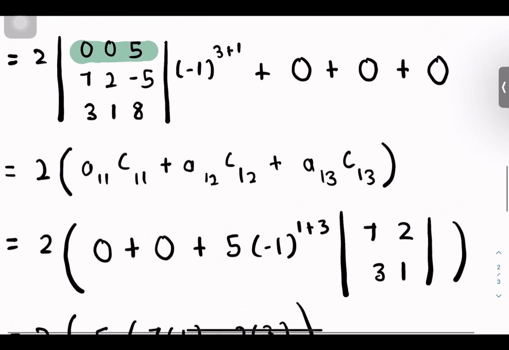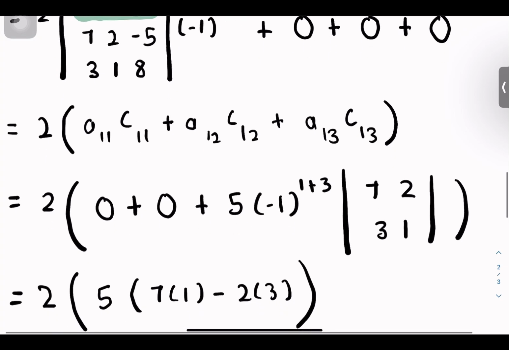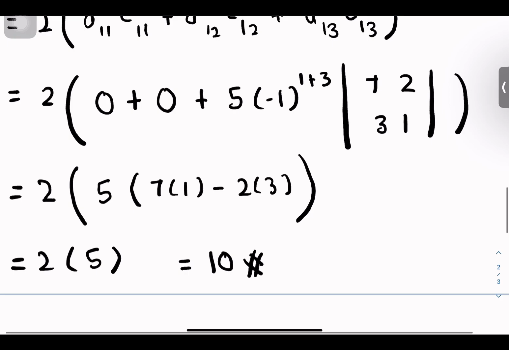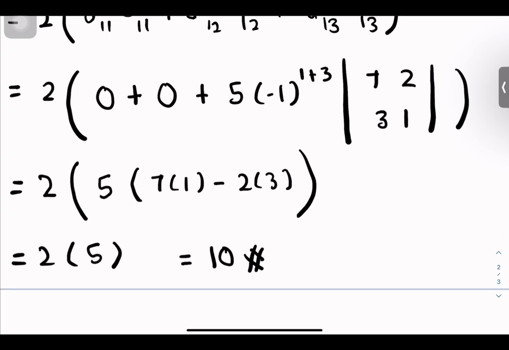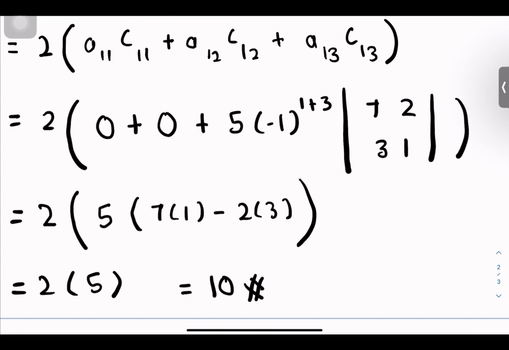A11 C11 is 0, and likewise A12 C12 is 0. For A13 C13, we have 5 times -1 to the power of 1 plus 3 times the determinant 7 2 3 1. So the final answer is 2 times 5 equals 10. From this method, the eliminate zero method, we can get the determinant of a matrix.